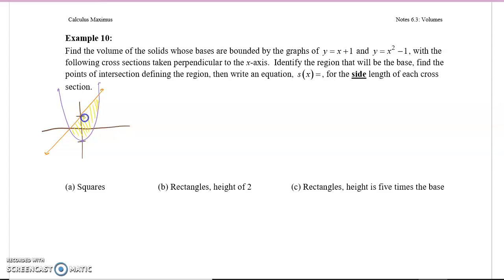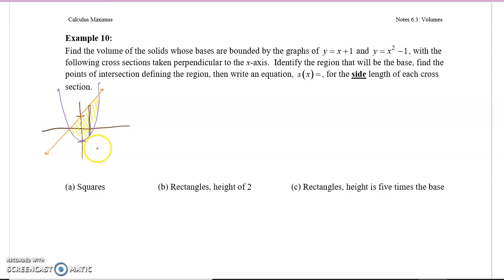And we could definitely do that, but it would require using two different integrals to set it up. We'd have to solve our parabola for y and get x equals something in terms of y with a plus or minus. But to keep things simple, we're just going to stick with each one of these shapes having cross sections of a particular shape when we slice them perpendicular to the x-axis.